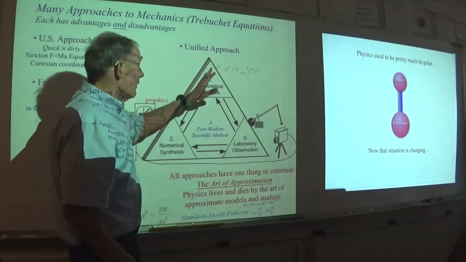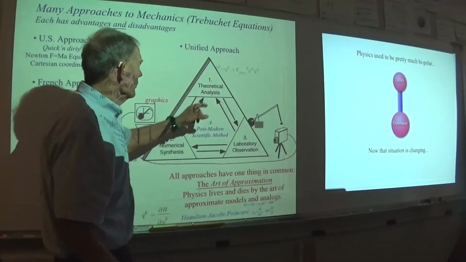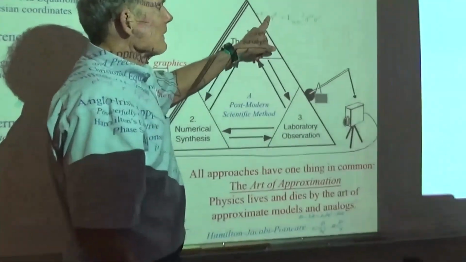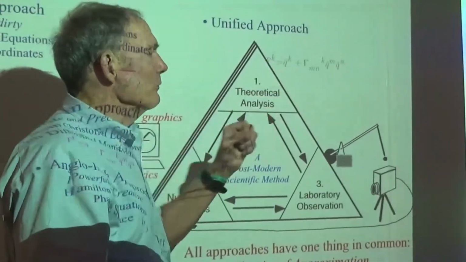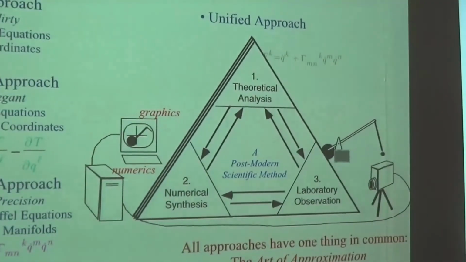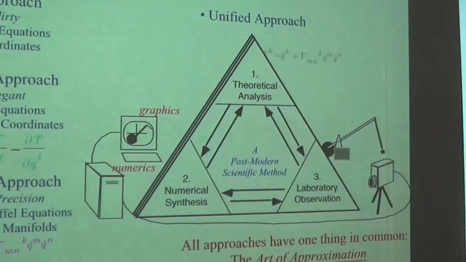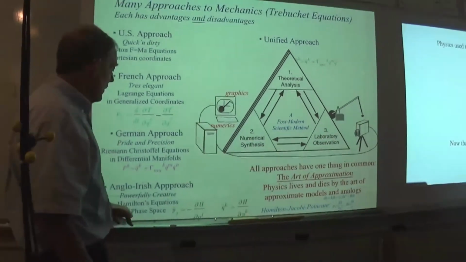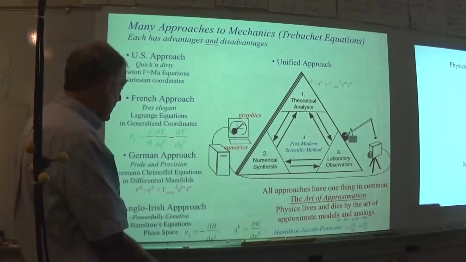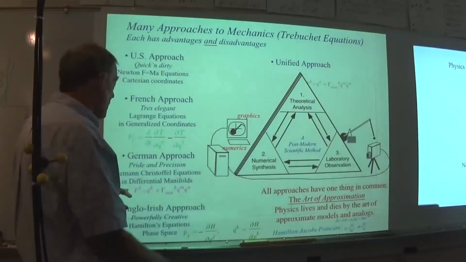We've got all of our formulas still to talk about this covariant or contravariant Riemann equation, but we've certainly talked about all of these things so far. We've talked about the Anglo-Irish part with Hamilton and Hamilton-Jacobi, and that's also Poincaré.